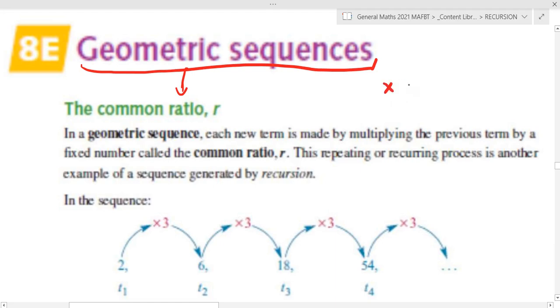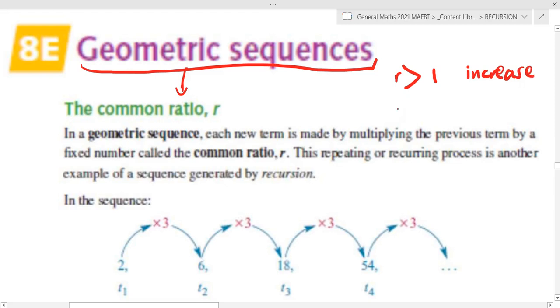What happens if you multiply with a number that's greater than 1? It's going to increase. But then what happens when you multiply with a number that is less than 1? It decreases. So if 1 is our basis, and we're going to keep using multiplication, if my ratio is greater than 1, it is going to increase.